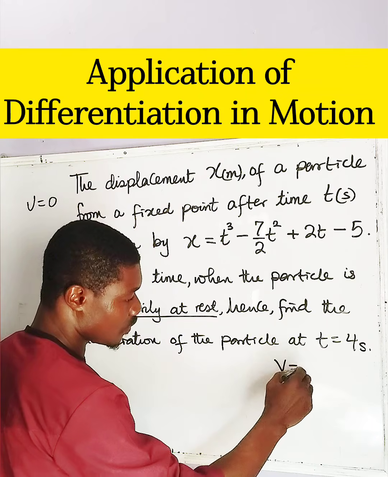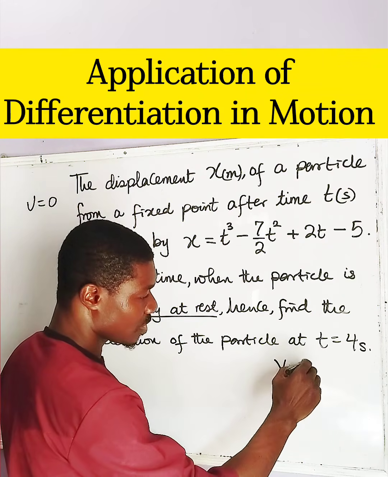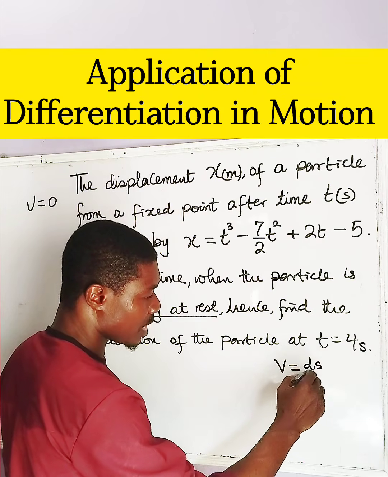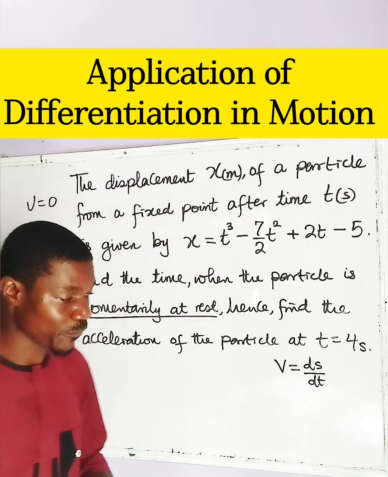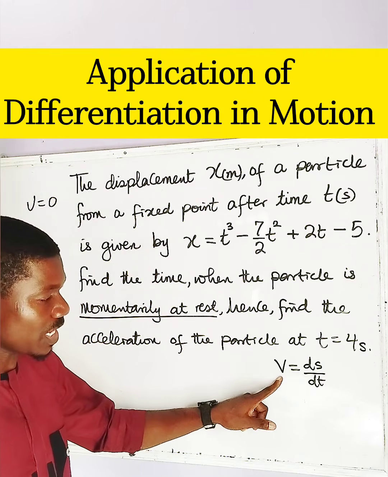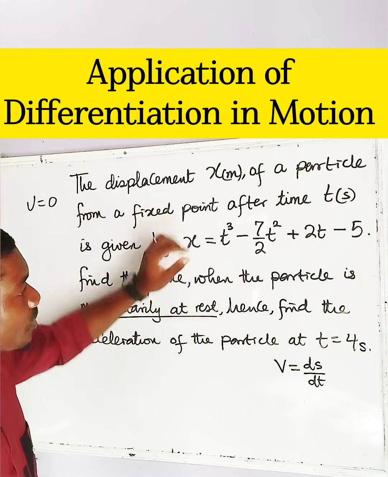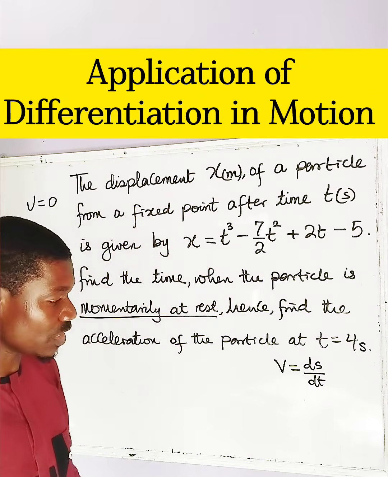velocity in itself, in terms of differentiation, is the rate of change of displacement over the change in time. And for us to find the velocity here, it means we need to differentiate x with respect to t in this equation.